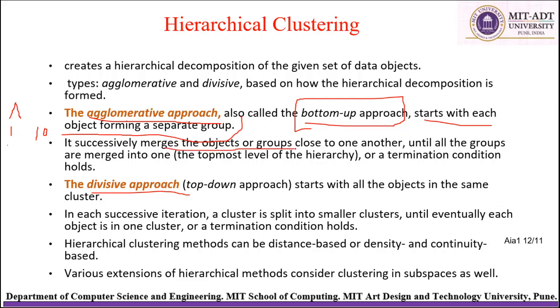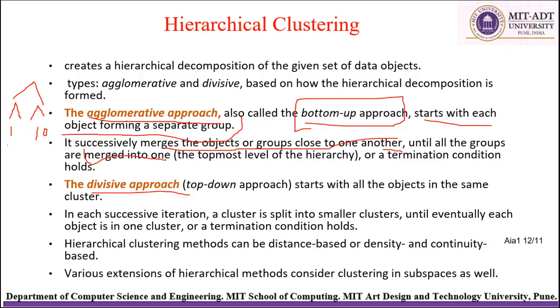We'll merge the data objects, and we may have new clusters after grouping these data points at the second level, and so on. We are going to merge these clusters together to form larger clusters.